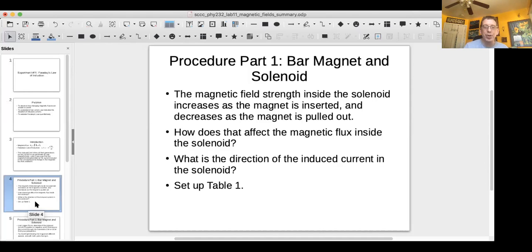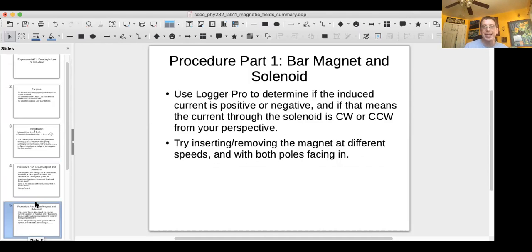There's a table in your lab write-up that you're going to set up. We're going to be using Logger Pro for this part of the experiment. Basically you're going to see how strong a current you get, and whether it's in the positive direction or the negative direction. Depending on how you set up the current probe in relation to the solenoid, do you get positive when it's clockwise, or positive when it's counterclockwise?